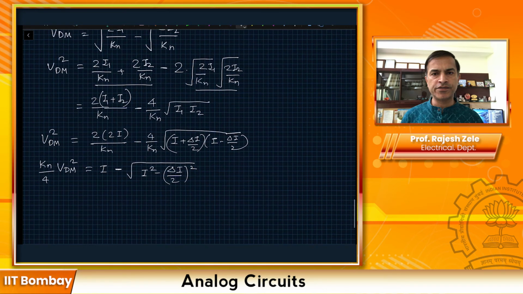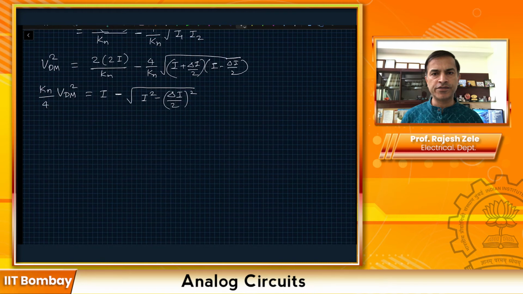Now I can start playing with this and rearrange this term. Rearranging will give you square root of I squared minus delta I by 2 squared equal to I minus Kn divided by 4 times VDM squared.